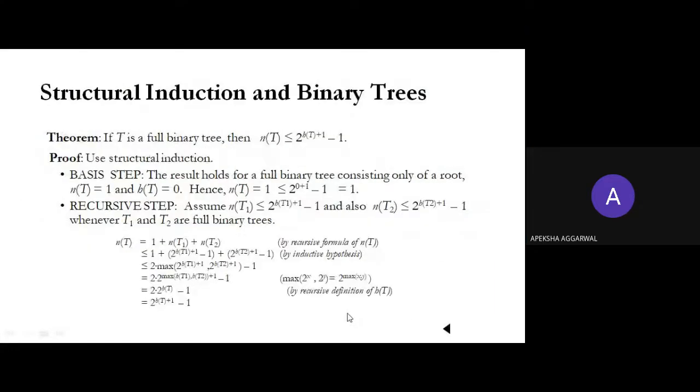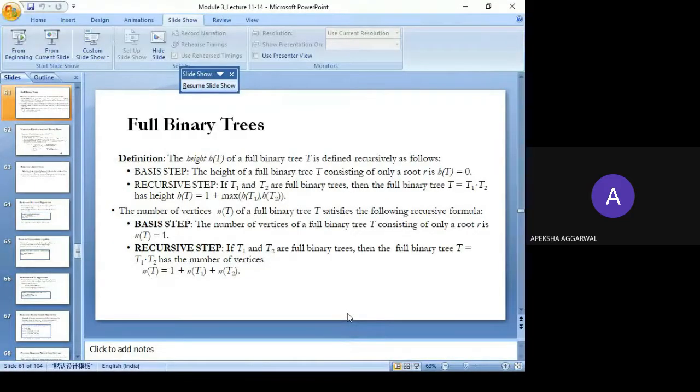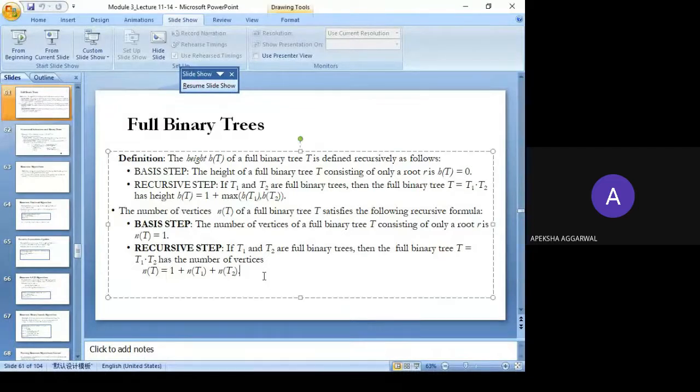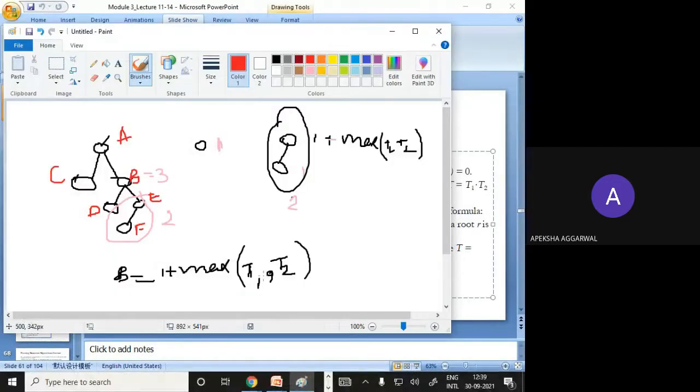Now, structural induction and binary trees. Use structural induction. If T is a full binary tree, then NT is less than or equal to 2 to the power HT plus 1 minus 1. So what is NT? Now, if you have a look at this tree, what is the maximum number of nodes a tree can have?